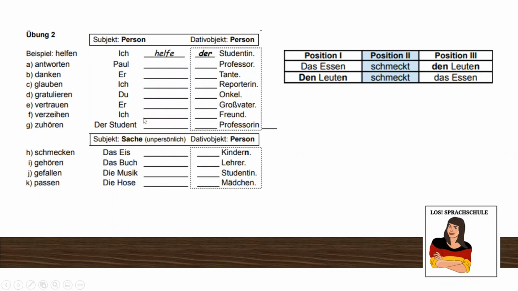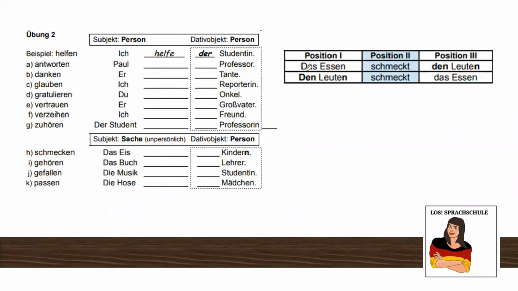So you have here the sentence, ich helfe der Studentin. And now maybe you think, this isn't so hard. I know, first one will be the subject, second one will be the verb, and then the third one will be the object. Easy. But it's not always like that because the positions are interchangeable, if that's a word.